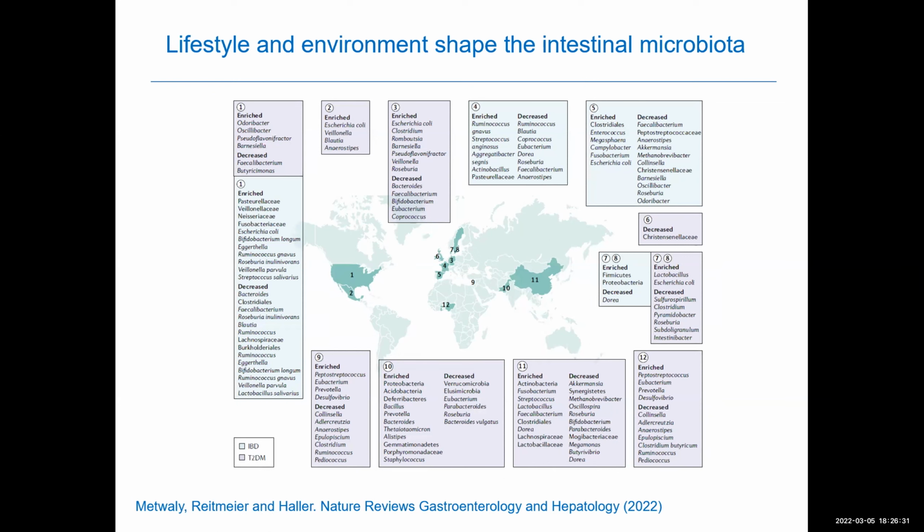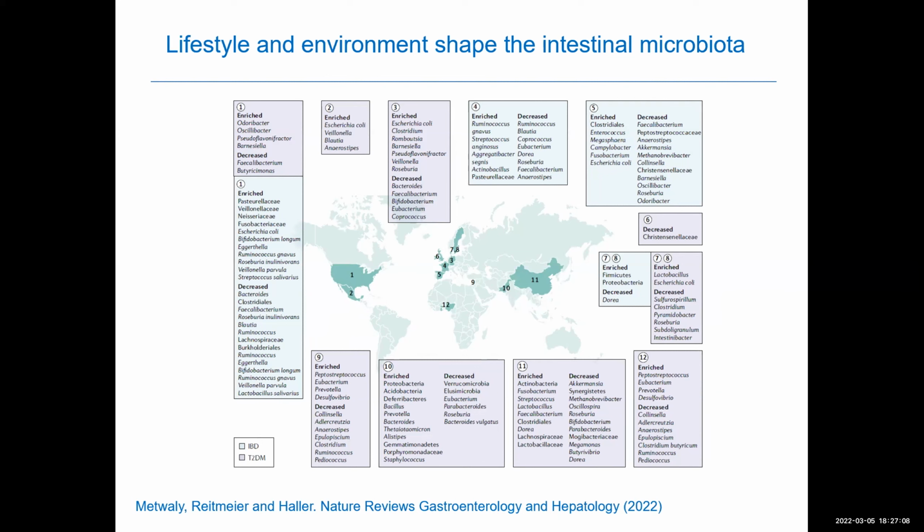And in this recent review that we have published, we looked at 16S rRNA gene sequencing data in multiple populations across the globe. The aim was to see if all the published data sets can come up with a unique signature which can be used as a biomarker to identify inflammatory bowel disease or type 2 diabetes.